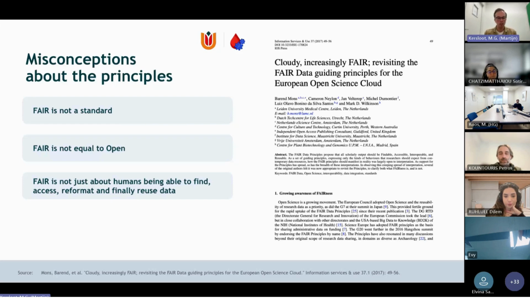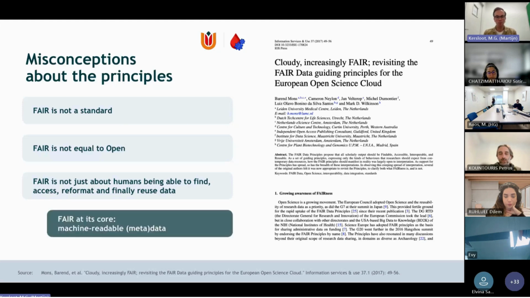And lastly, FAIR is not just about humans being able to find, access, interoperate, and reuse data, but really FAIR at its core is making sure that computers can do that. And if computers can do that, then later on we can find a way for humans, for us researchers to understand that. But if we can describe our data and our metadata in such a detailed way that the computer can understand it, then we should be good for humans, for researchers as well.